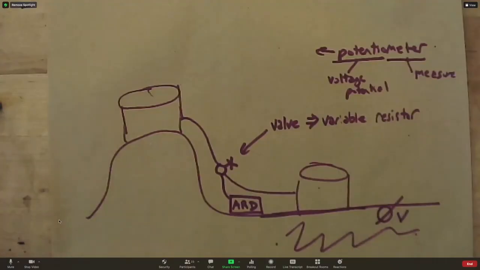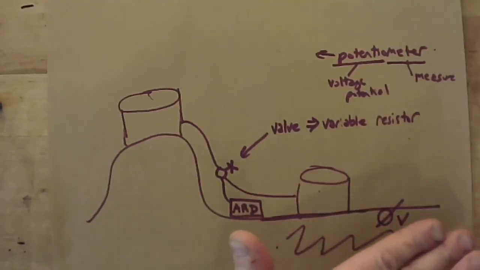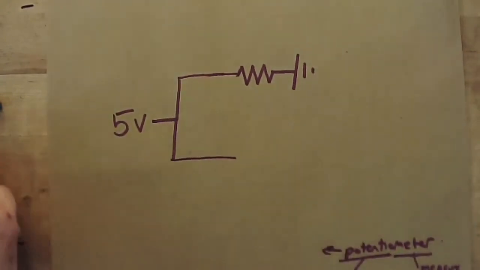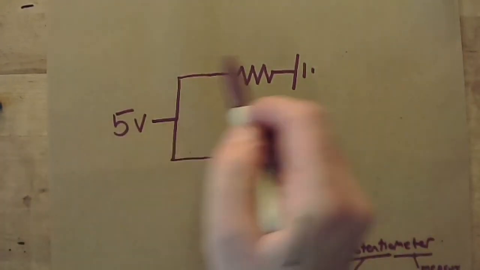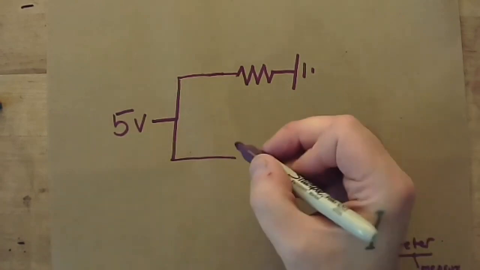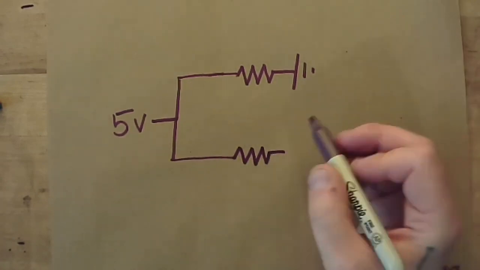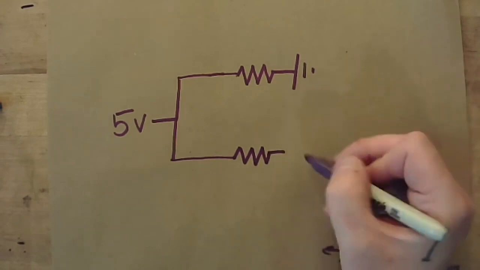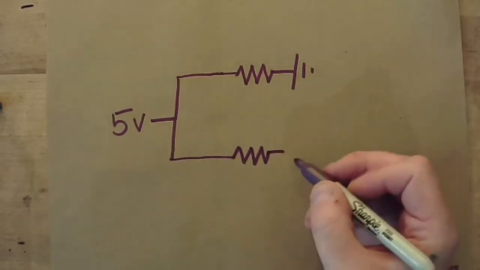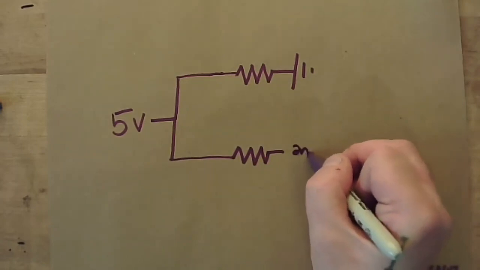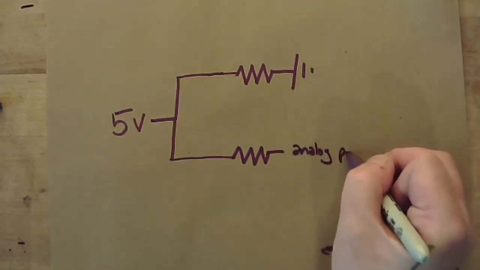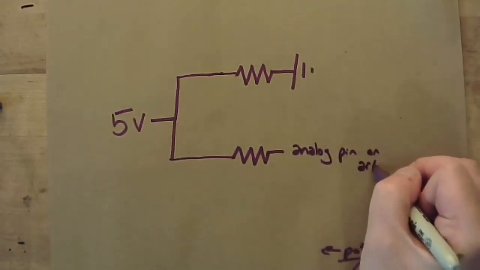Okay. So we have our ground, which is 0 volts, and we have, we'll say 5 volts and a resistor. And we have a second resistor, and then this is going to go to some pin on our Arduino. And I'm going to specifically write an analog pin on Arduino.